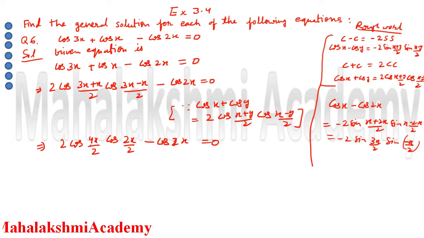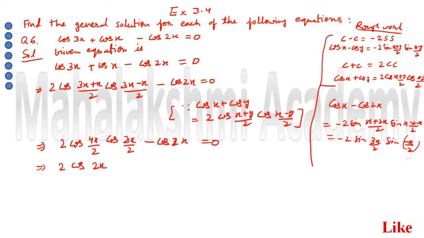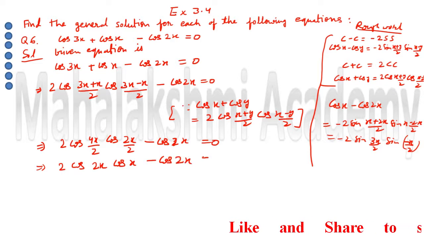Now here we can cancel this 4x by 2 and 2x by 2. So after cancellation we get 2 cos 4x upon 2 is 2x and 2x upon 2 is x. So we get 2 cos 2x cos x minus cos 2x is equal to 0.